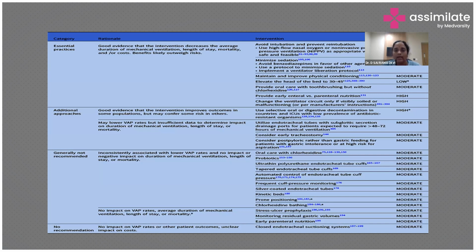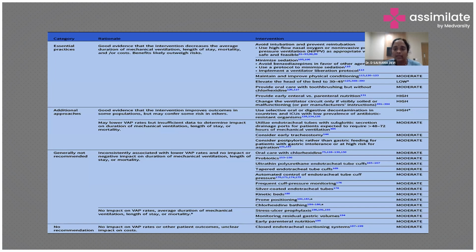It is good when you are anticipating long ventilation, that is more than 48 hours, because these tubes are a little expensive compared to the normal ET tubes. Consider early tracheostomy when you are anticipating that the patient will be on prolonged ventilation, and in certain neuro cases you can go for early tracheostomy, which has shown benefit in terms of weaning the patient from the ventilator.